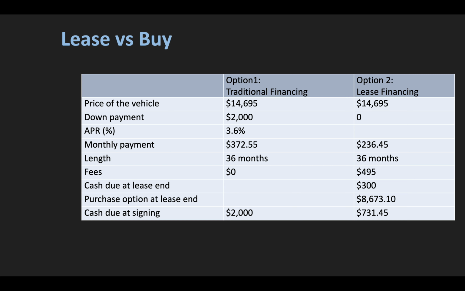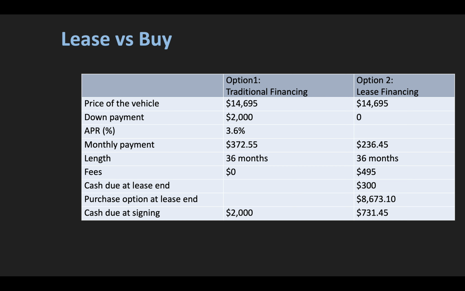For option two. For option one, you do have interest, annual interest, which is 3.6%. And for lease financing, you don't really have that. Monthly payment, it's a bit higher, right?